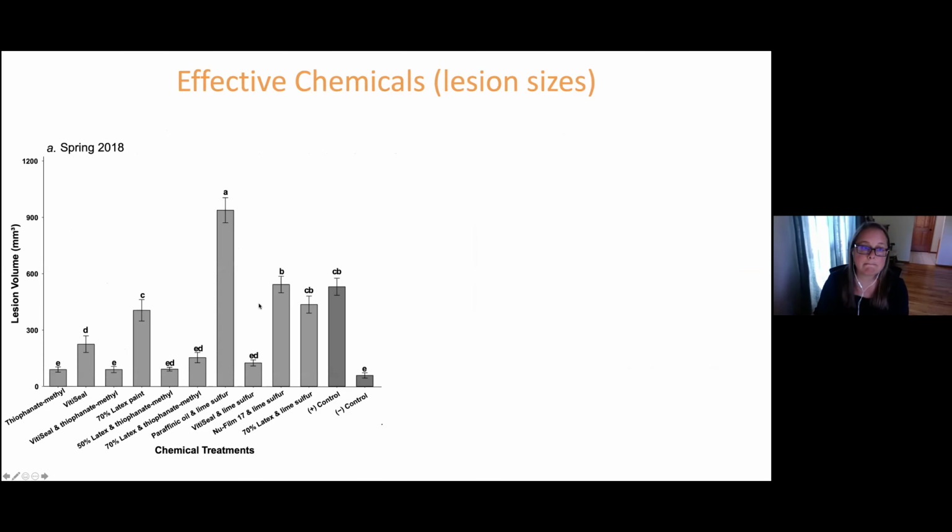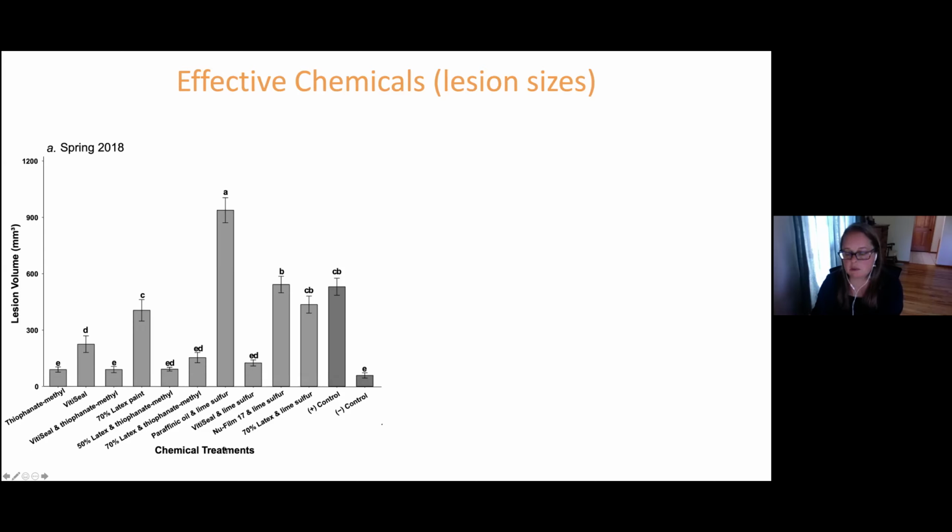So basically we did the same thing where we cut a branch, applied a chemical, and then we added inoculum. And we did this in the spring of 2018, and then we also did it in the spring of 2019. What we can see here are the different treatments. Thiophanate methyl is Topsin that you can see here, which was really effective in our previous trials.